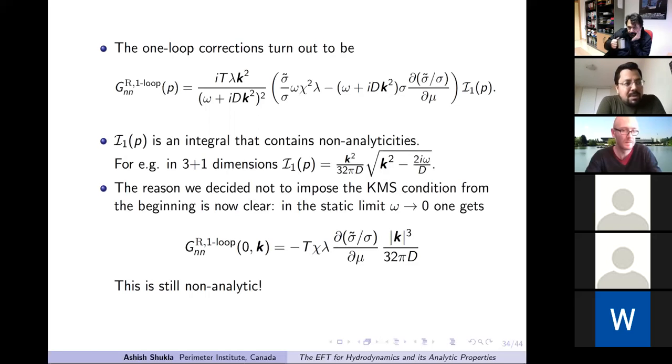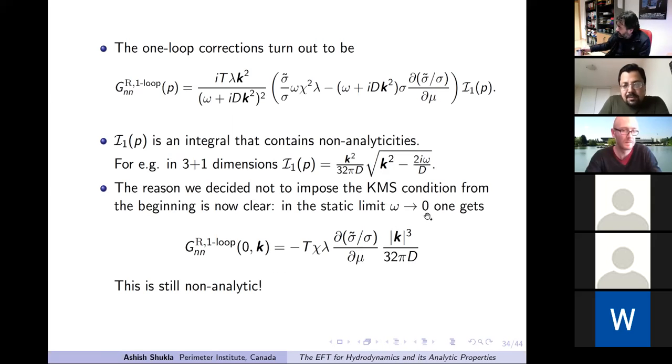Okay. But if you recall, in the second part of this talk I mentioned that because of thermal screening in equilibrium, I would expect that when I take the equilibrium limit of this 1 loop correction to the 2-point function, I must end up with something which is purely analytic in nature. Okay, so to do the equilibrium limit, I set omega equal to 0, and I get the 1 loop correction which looks like this.